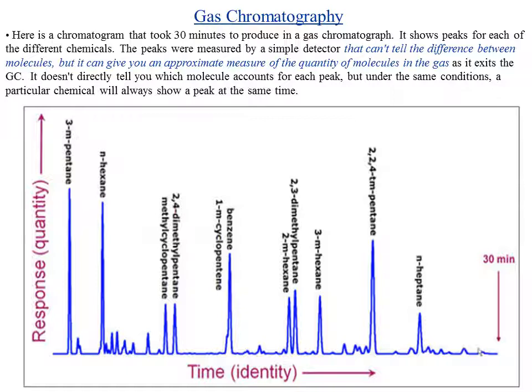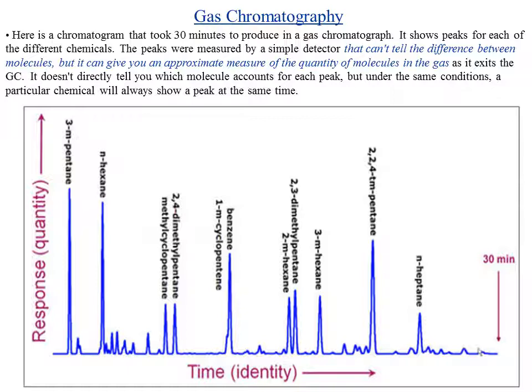I know that they're listed here, like the first one that came through was 3M pentane, and then there's an N heptane that is sent through. But those identities of the molecules in the peak were figured out in another process, not the gas chromatograph process.